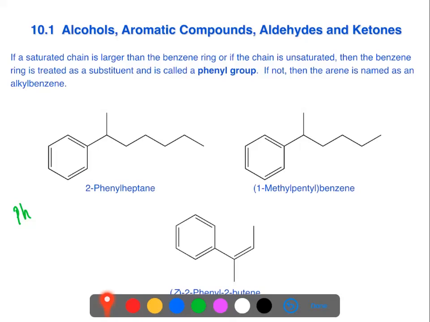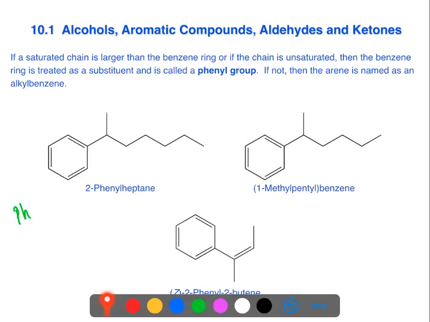So if we look at this particular example, we have 1, 2, 3, 4, 5, 6, 7 carbons in our chain, whereas there's only 6 in the ring. So in this particular instance, we would treat this as the parent, heptane, and at the 2 position, we would have the ring system, and we refer to benzene as a substituent, a phenyl group. So it'd be 2-phenylheptane.